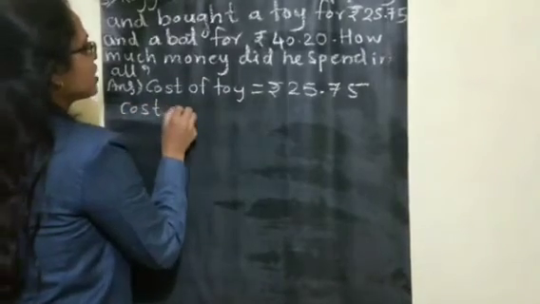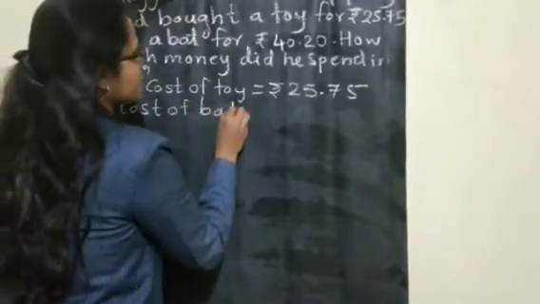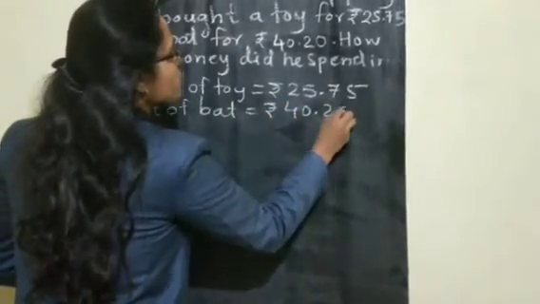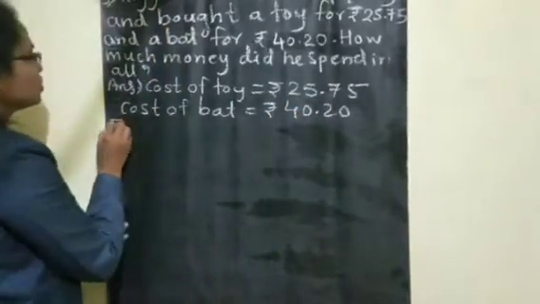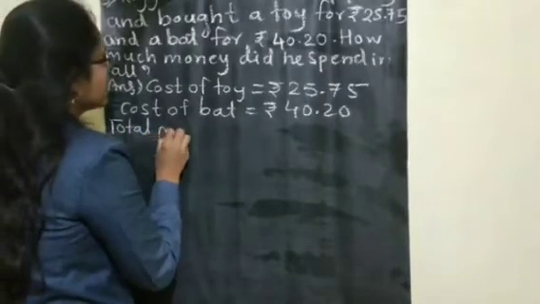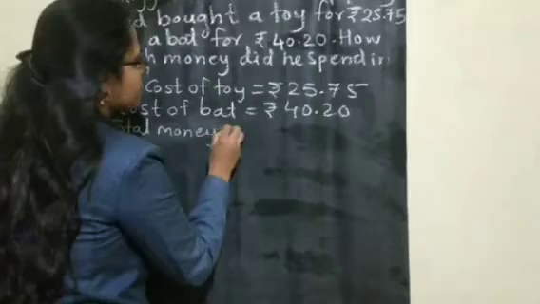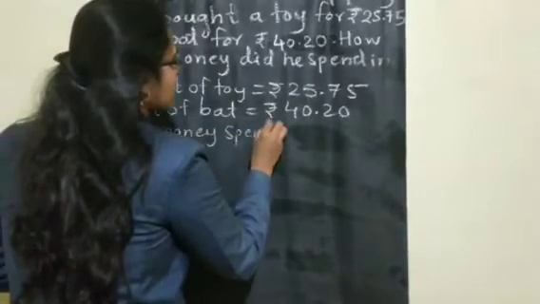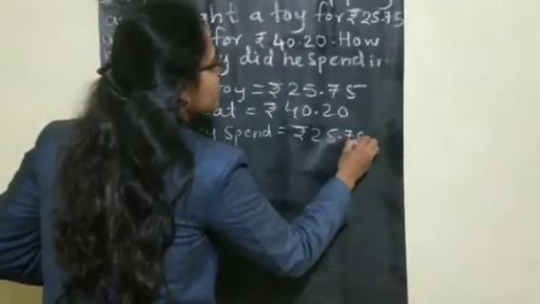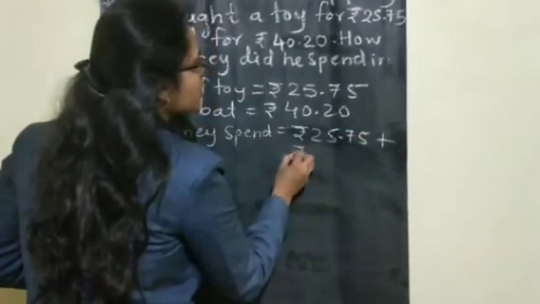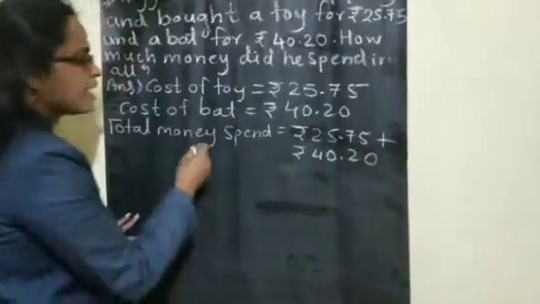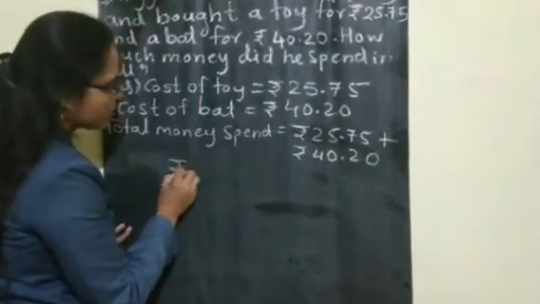Cost of bat is equal to rupees 40.20. So total money spent is equal to rupees 25.75 plus rupees 40.20. So now let us arrange in vertical form in the proper way.